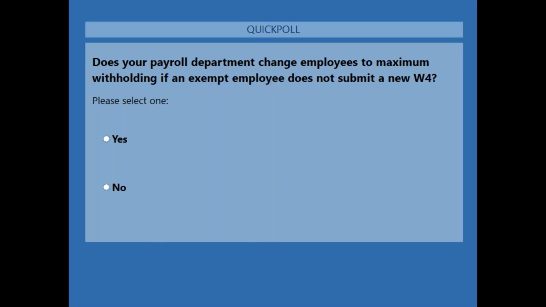As you know, February 15th is the deadline, and if they don't return a new exemption form by February 15th, they are legally subject to maximum withholding. Now, that does not mean you go retroactively backwards to the beginning of the year. It means from February 16th forward that they are maximum withholding.